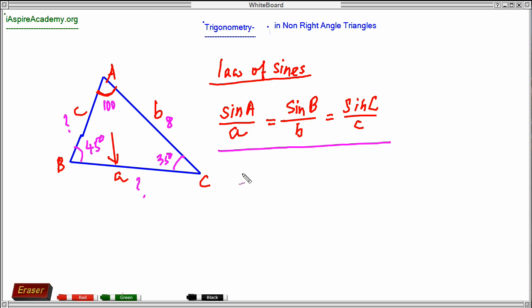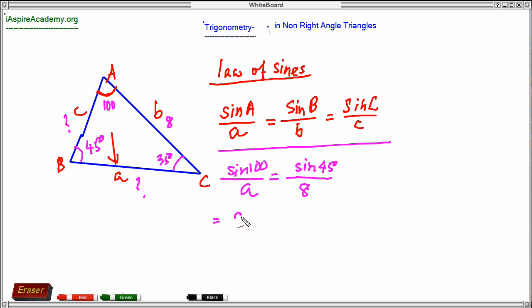So if you apply this formula, sine of A, which is 100, divided by A, equals sine of B, which is 45, by B, which is 8.